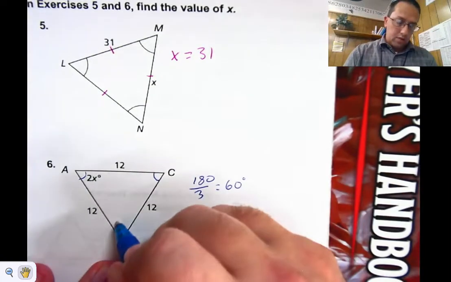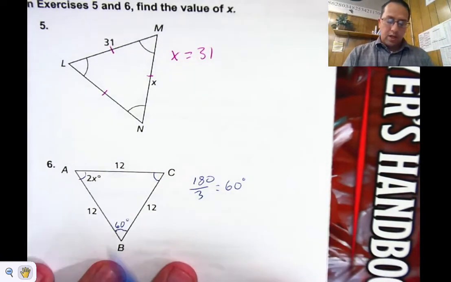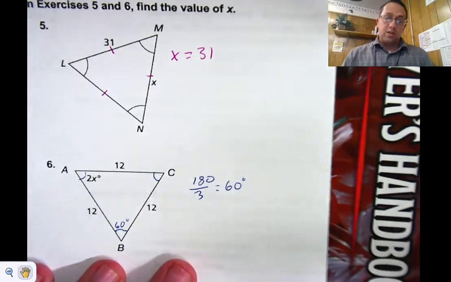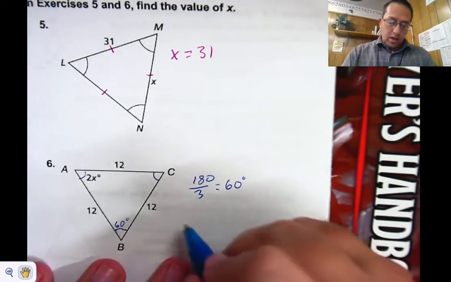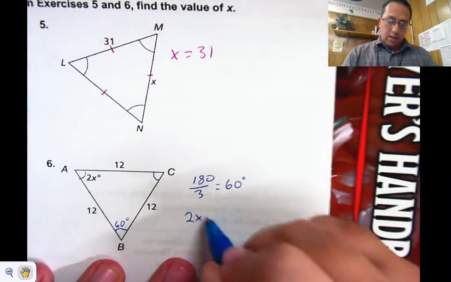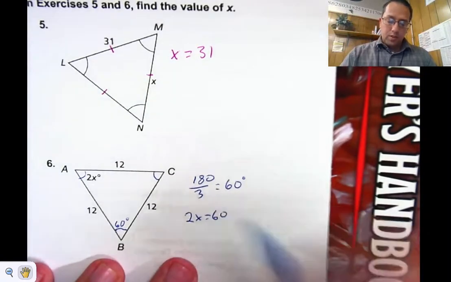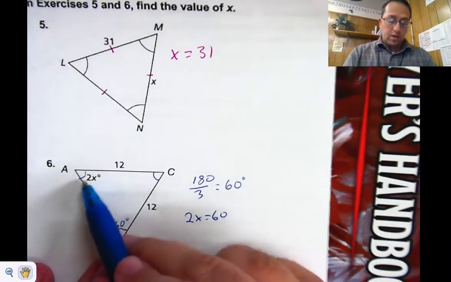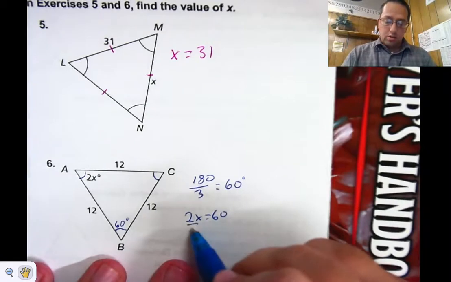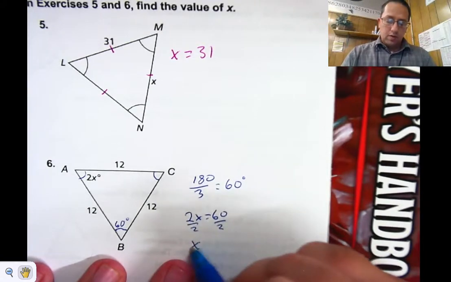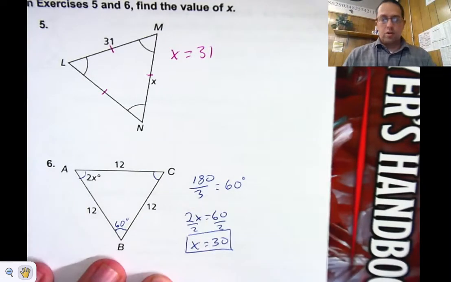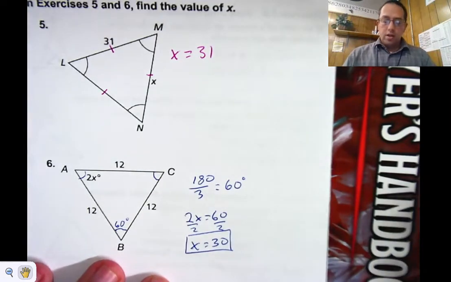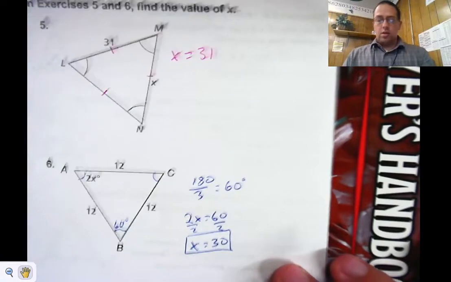So this angle right here is 60 degrees, and so are the other two because they're equiangular. And so we know that 2x equals 60 degrees because this is 2x and it's also 60 degrees. Divide by 2, and so x equals 30. Okay, so there it is. That wasn't too bad.